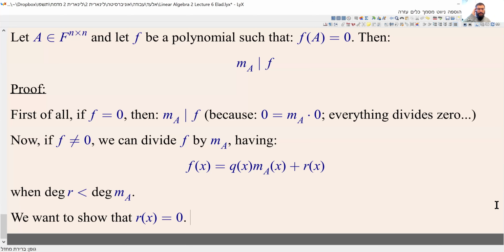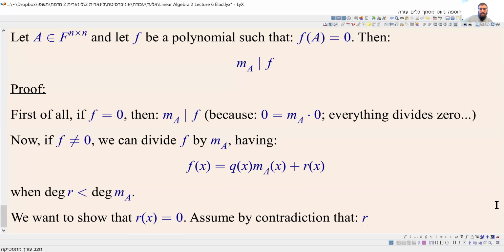One can assume a contradiction, or maybe even without it, but let's do it that way. Assume by contradiction that R(x) is not 0.